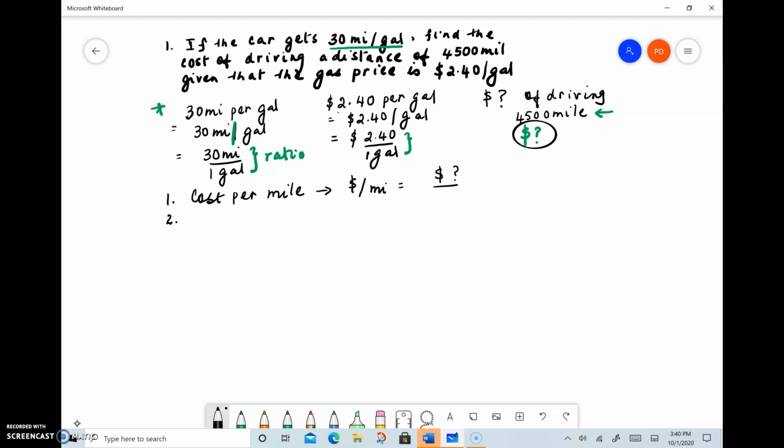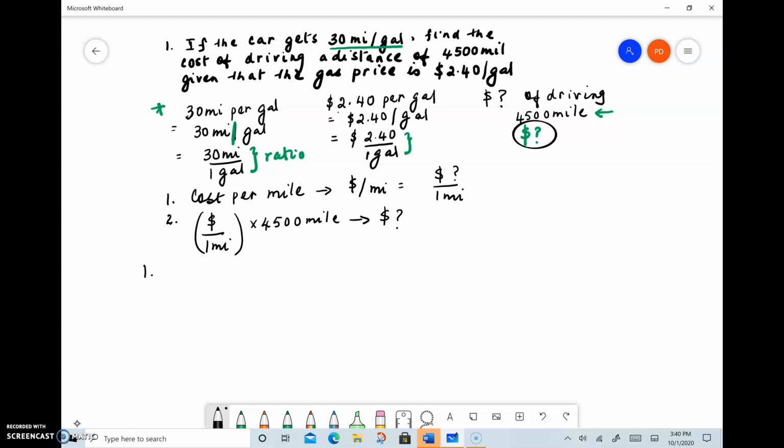We're going to figure that out over 1 mile. And then once we know how much it costs for 1 mile, we're going to take the cost per 1 mile and multiply it with 4,500 miles to figure out the cost for 4,500 miles. And this would solve the problem. That's exactly what we need to find out. So let's go to the first step.